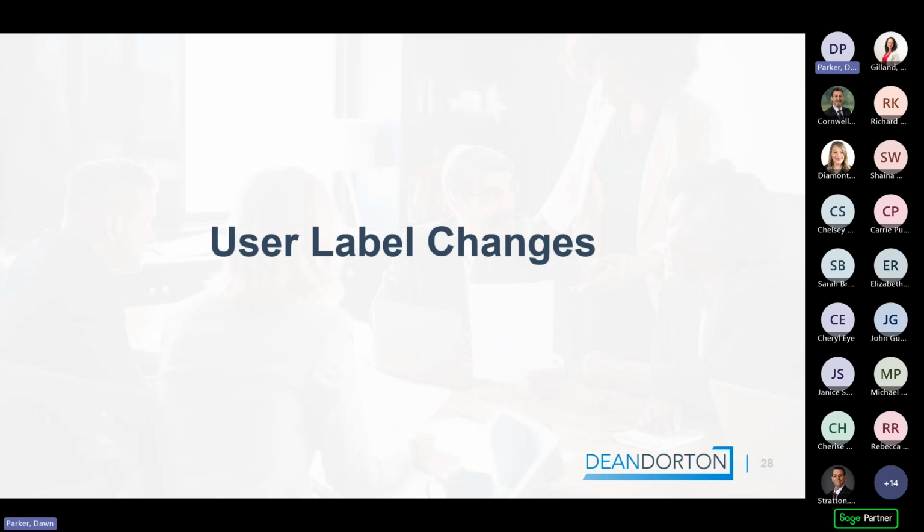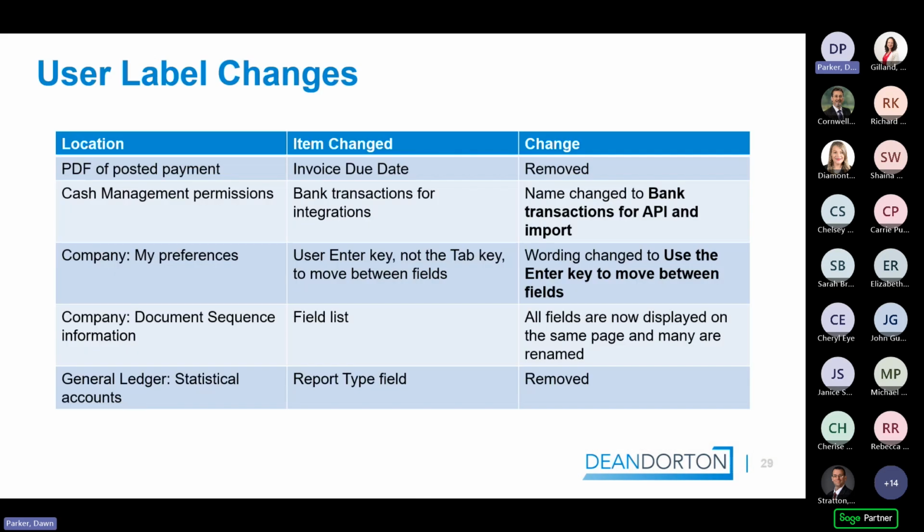For some user label changes, these are just label changes in the system that you may or may not notice. The first one is a PDF of posted payment. That PDF previously included the invoice due date. That has been removed. In cash management permissions, previously it was called bank transactions for integrations.